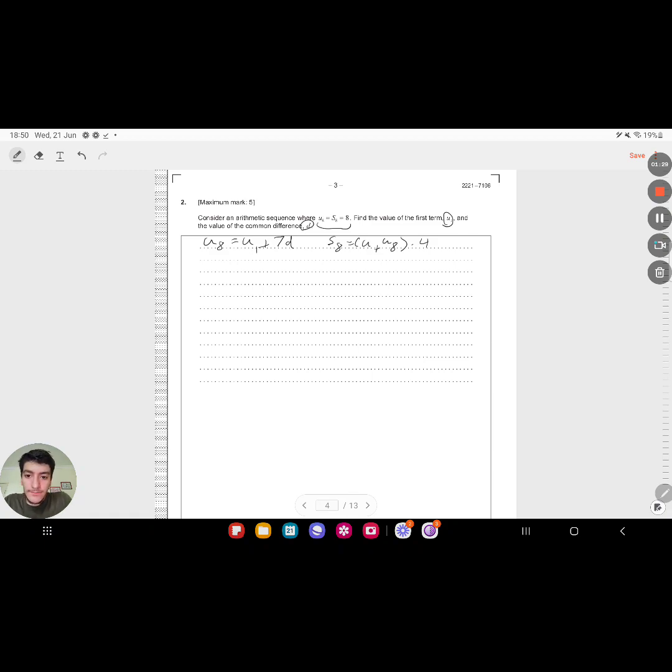Now it's saying, so let me think about this. Now there are some few things I could do. Let's see. I've not looked much, I'm just doing this off the dome. And 8 equals 4 times (U1 plus U8), so if I just divide that, 2 equals U1 plus U8 because they're both equal to 8.